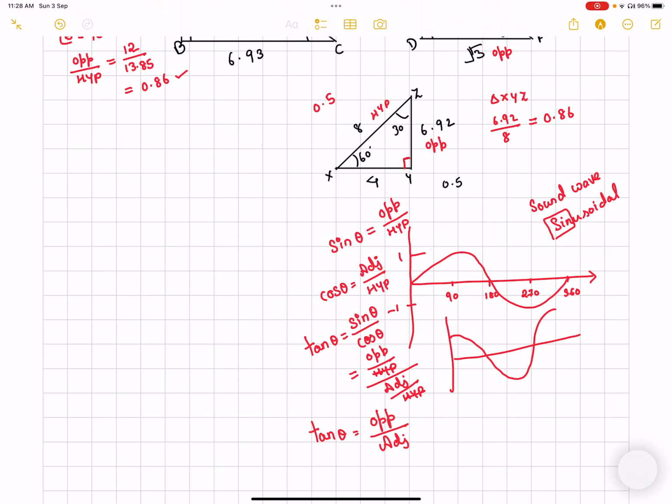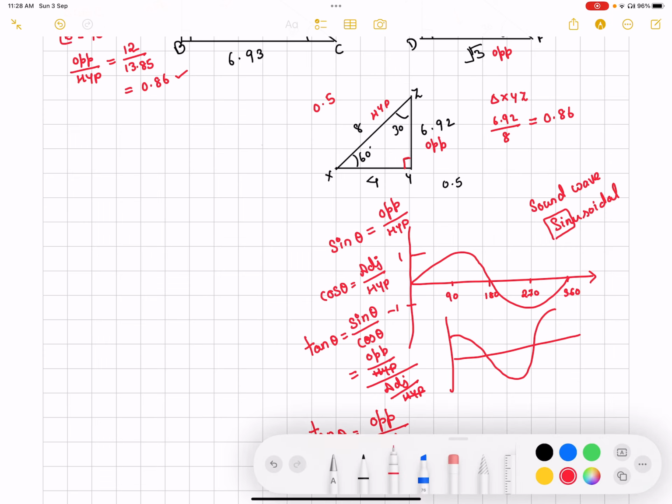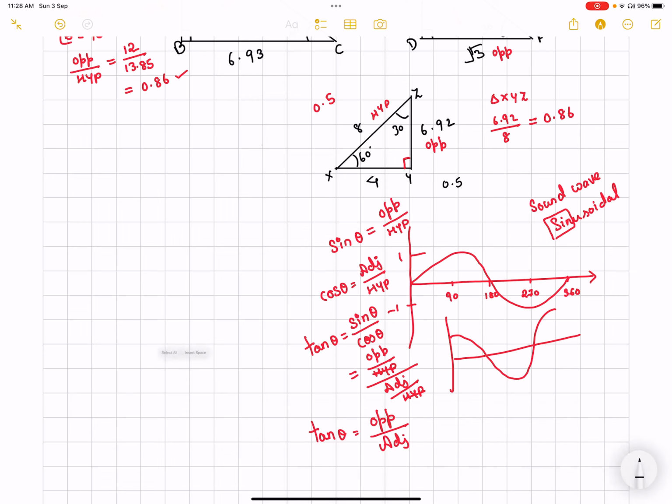So now let me write down all the formulas for recalling everything we learned. And with these formulas, we will be finding their reciprocal formulas also. So now here we have sine theta. Sine theta is always opposite side by hypotenuse.